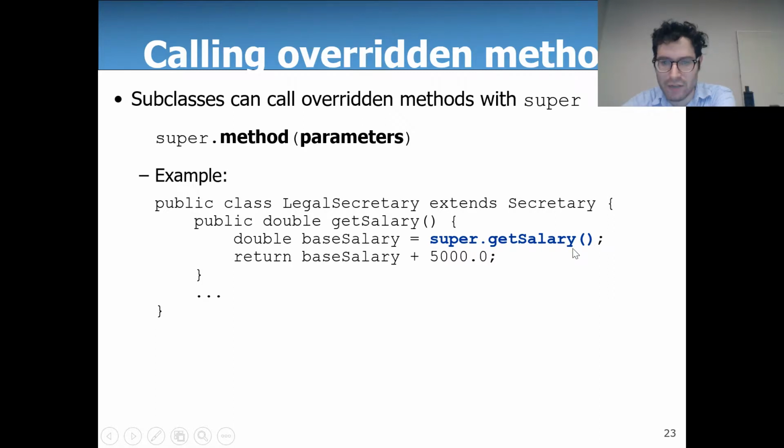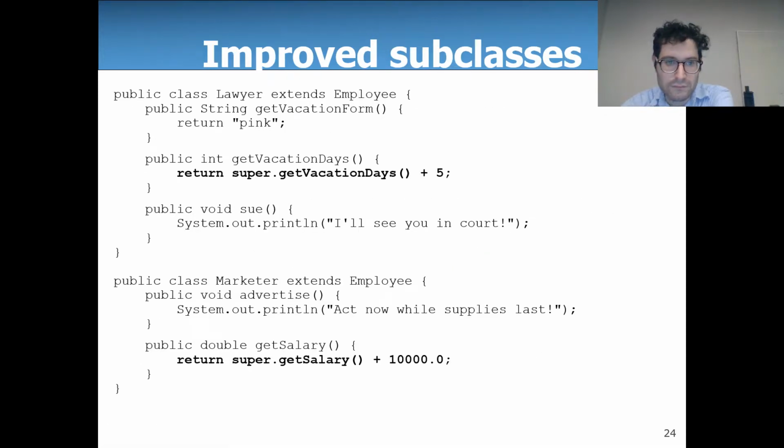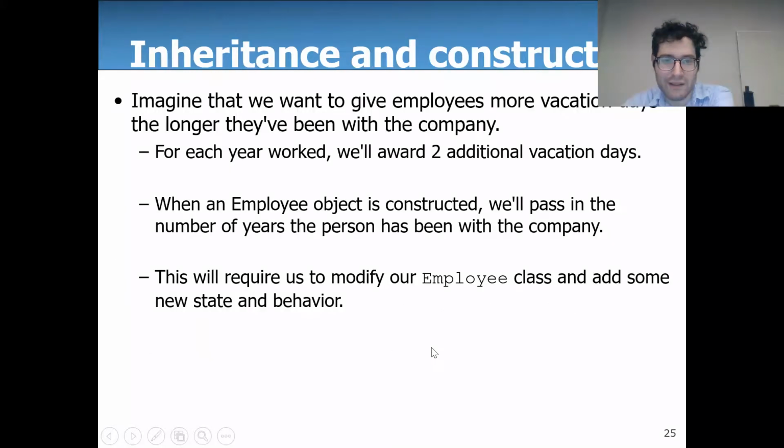That will get the secretary's salary, and then we'll return $5,000 on top of that. So lawyer, right? Lawyers have 5 more vacation days than everybody else, so we'd say get vacation days and add 5 to that. And marketer, which makes $10,000 more than the standard employee, would get the salary of an employee and add $10,000 to it.